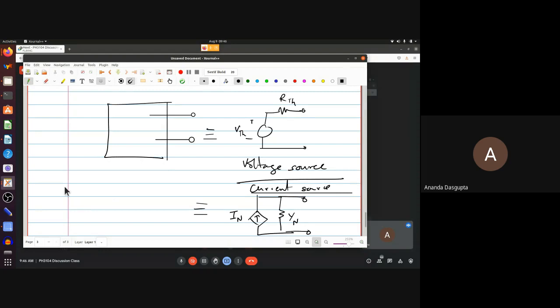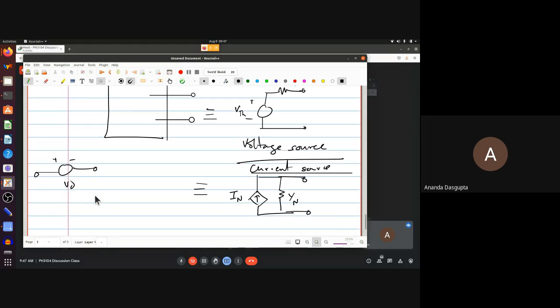To understand that, you have to realize that an ideal voltage source would simply be something like this. Right? No series resistance. And an ideal current source would be something like this. No parallel impedance. Okay? Now, in reality, you don't have this.